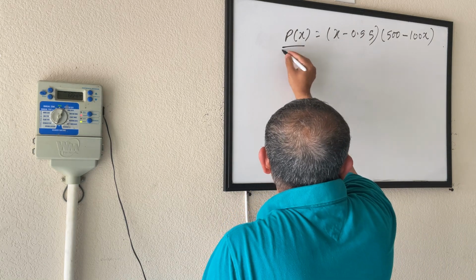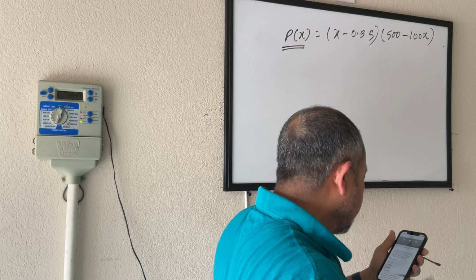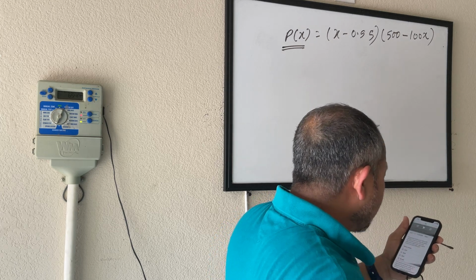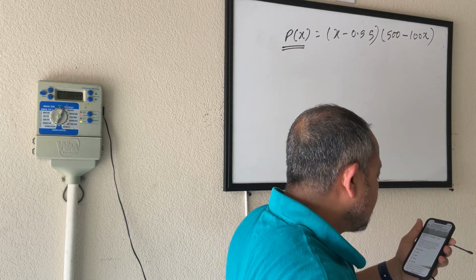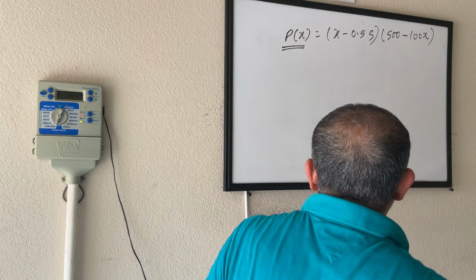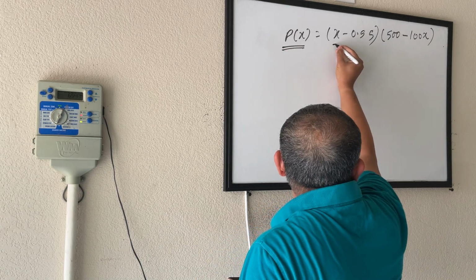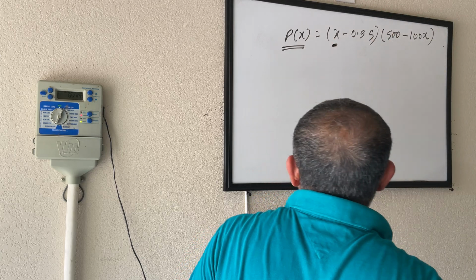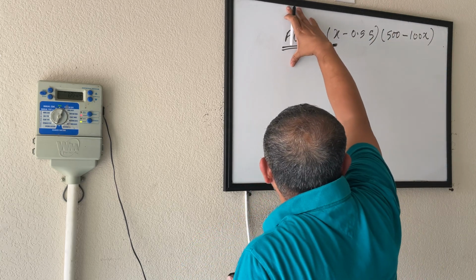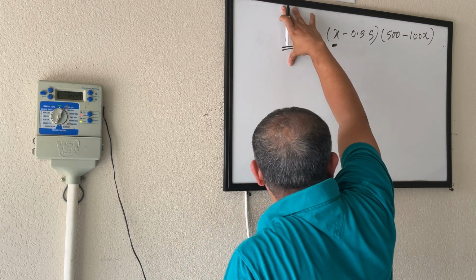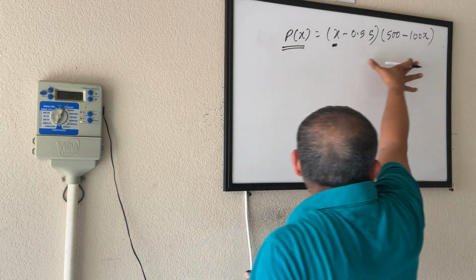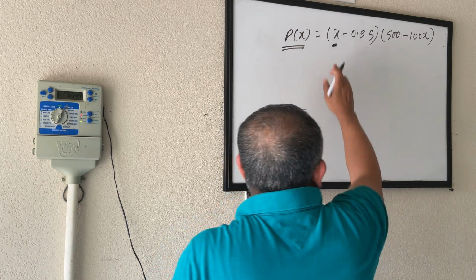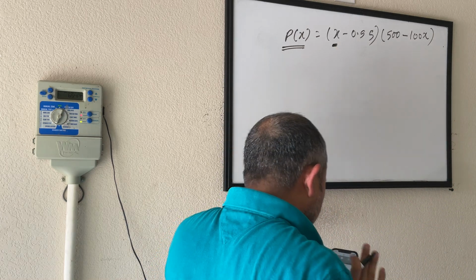A food truck makes profit by selling their signature tacos at a price of X dollars each. This is the unit price of the taco. So this model says that the total profit made daily is a function of what you see here, where X is the price of each taco.